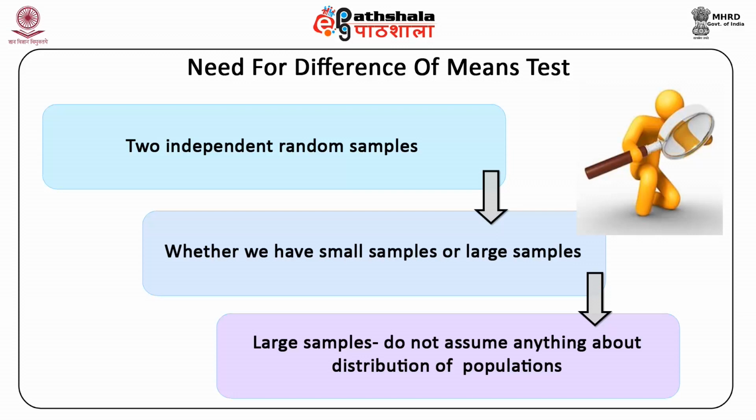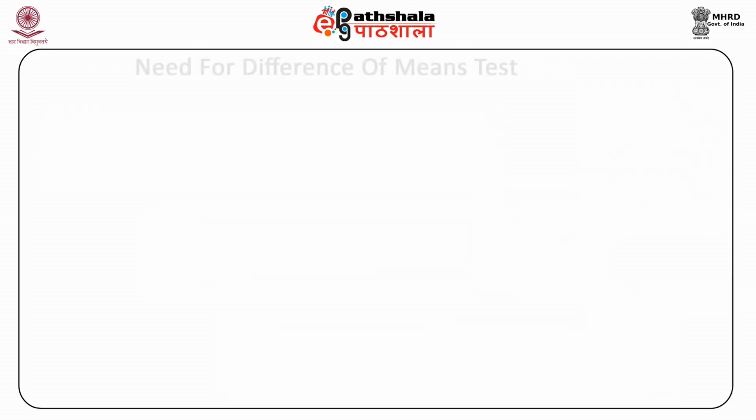If we have large samples, then we do not have to assume anything about the distribution of the population or anything about the variances. We can calculate the standard error and conduct testing using a Z value.